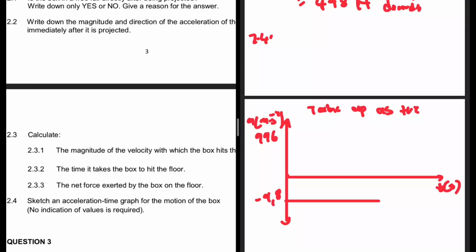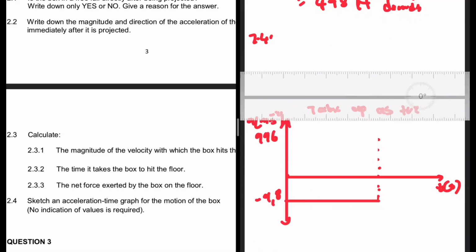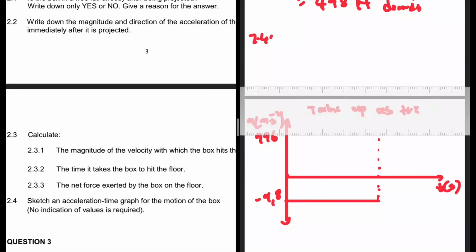So with my ruler, I want dotted lines. It is in contact with the floor for 0.01 seconds, so the angle must not be 90, something like 89 makes sense, because we have to show that it was not in contact with the ground for 0 seconds. Yeah, so something like that.